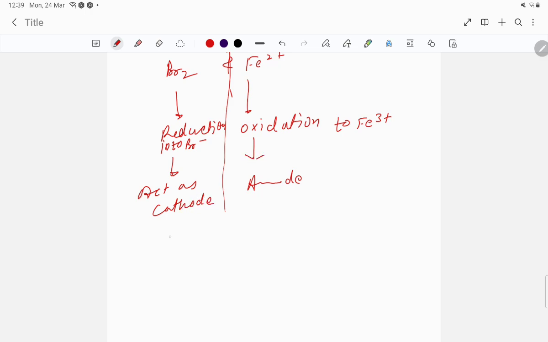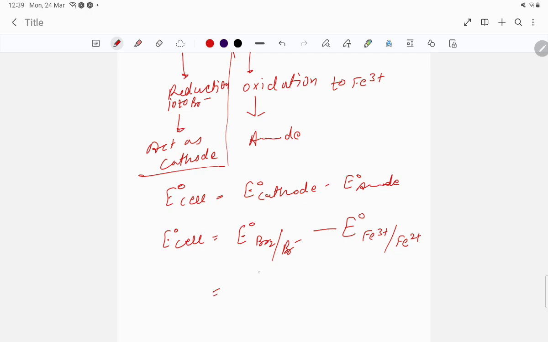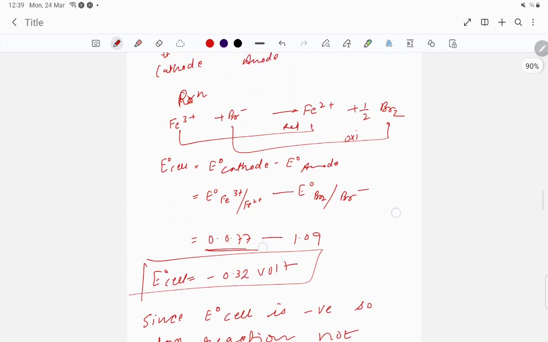So what is the possible reaction, student? E naught cell is equal to E naught cathode minus E naught anode. What is cathode, student? This one, right? So Br2 minus anode, Fe3+ upon Fe2+.